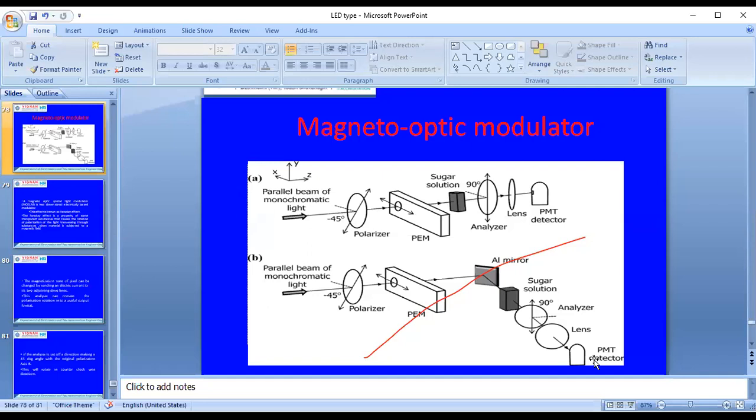Both the acousto-optic modulator and electro-optic modulator consider different effects, the Kerr effect and Pockels effect only. But in this magneto-optic modulator, we will consider the angle of rotation.